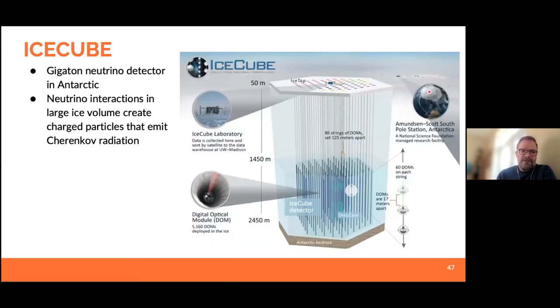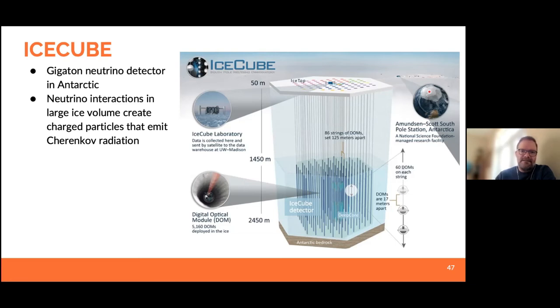Just a few words on these experiments. IceCube is a gigaton neutrino detector in the Antarctic. You have photomultipliers that are looking for light that is generated from neutrino interactions in the ice. That gives you Cherenkov light, and you can detect that light.